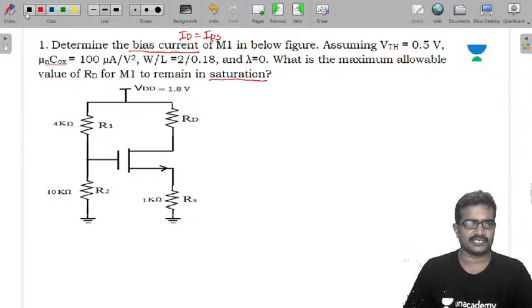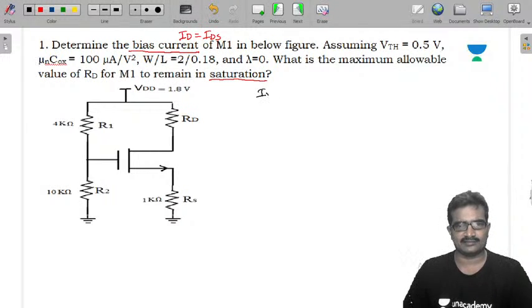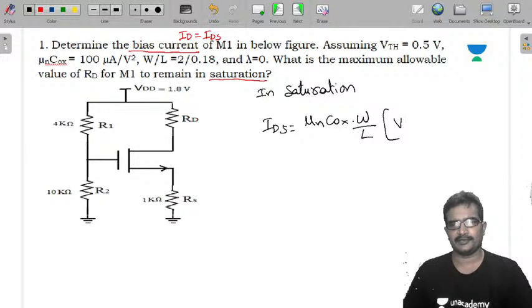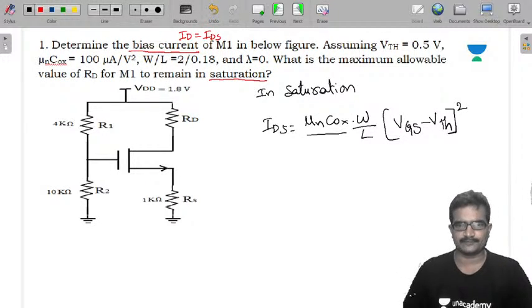So in saturation, we can write IDS is mu n into COX into W by L into (VGS minus VTH) whole square by 2.